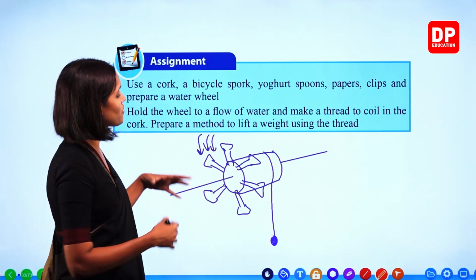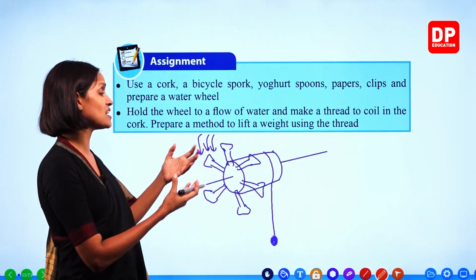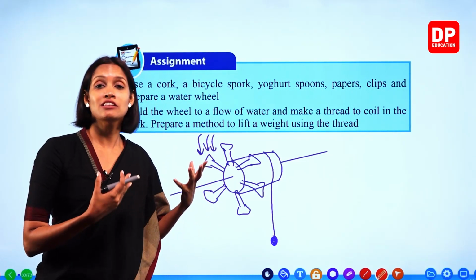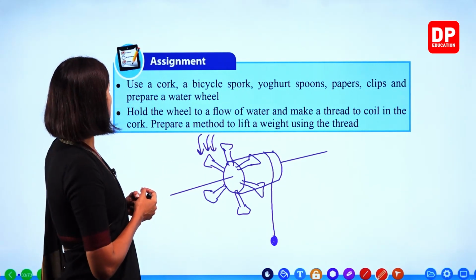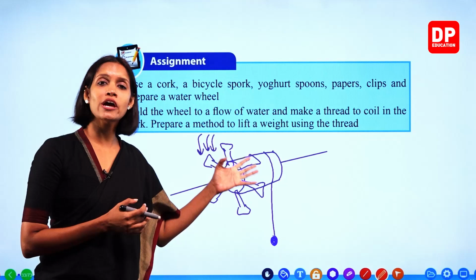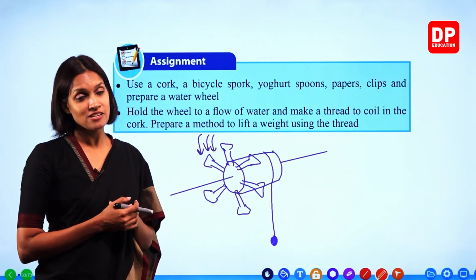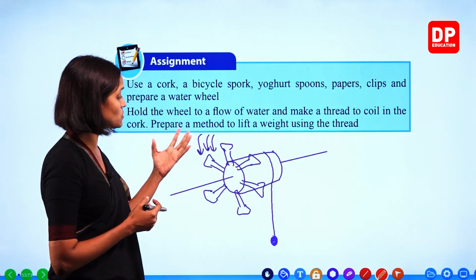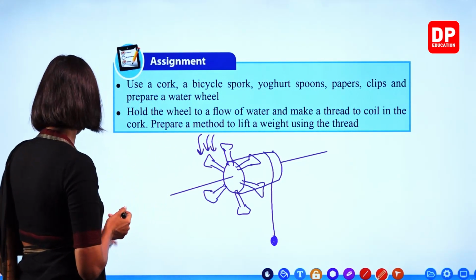Ancient people did these types of activities to lift weights and grind grains, using the help of flowing water. At school, you can do these activities with your friends. So you will realize the use of water to do different activities. We'll move on to the next.